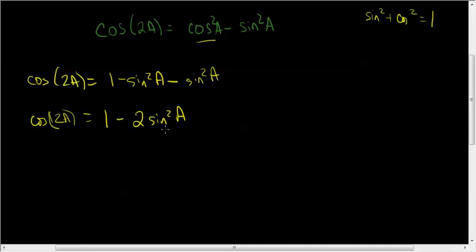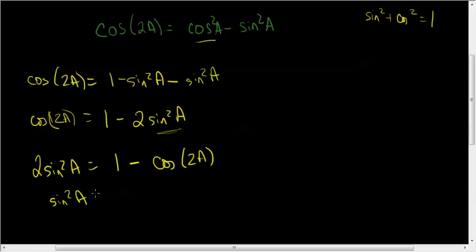Alright, solving for sine squared of a, I will get, let me bring it to this side, sine squared a equals 1 minus the cosine of 2a, all over 2. So sine squared a is equal to 1/2 minus 1/2 the cosine of twice the angle.